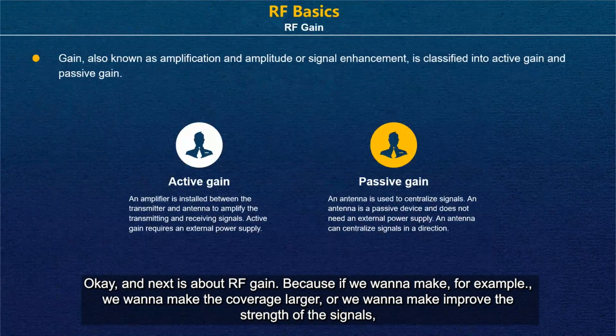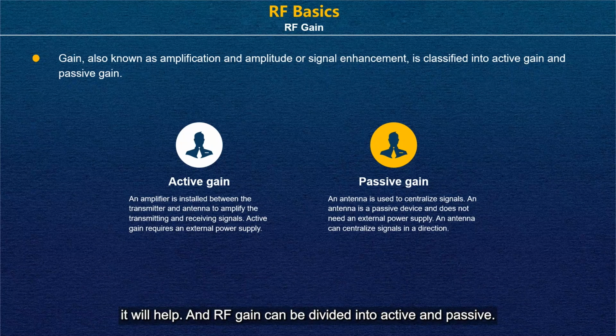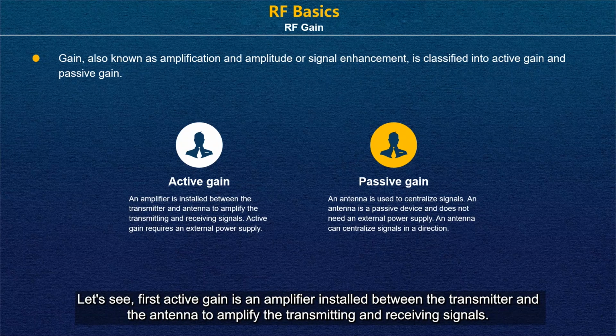Okay, and next is about RF gain. Because if we want to make the coverage larger, or we want to improve the strength of the signals, it will help. And the RF gain can be divided into active and passive. Let's see.